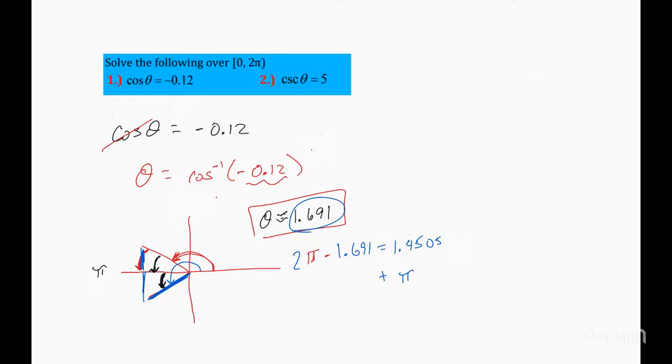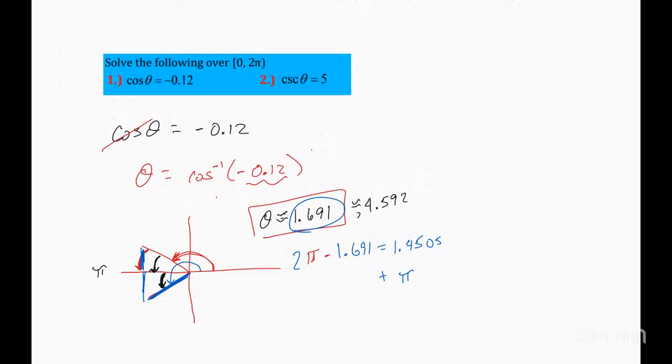So your one answer is that, and your other answer is 4.592 approximately. Let's just check that to make sure that's right. What's the cosine of that number? Plug that back in. You should get negative 0.12.